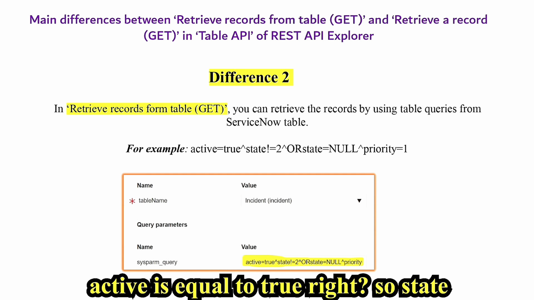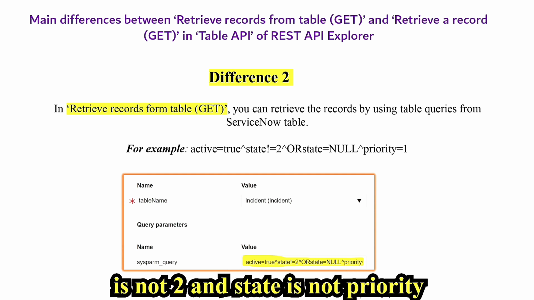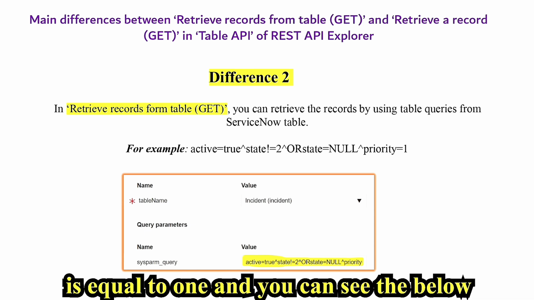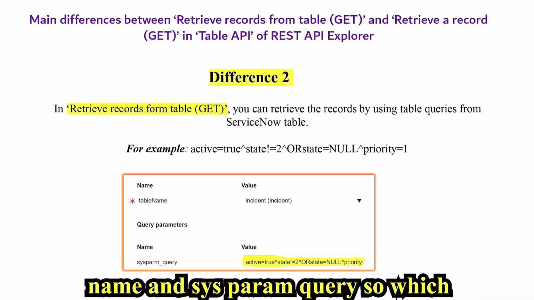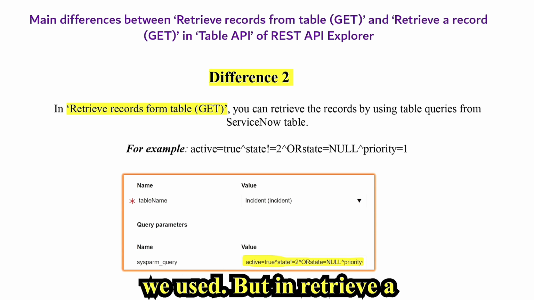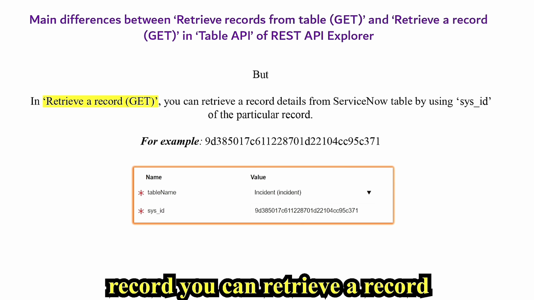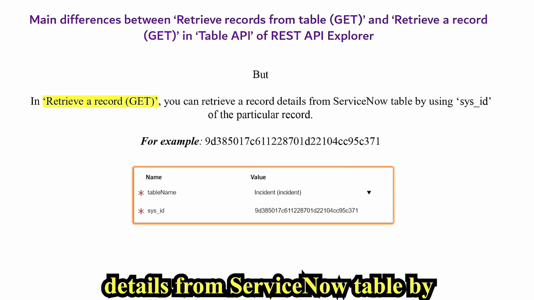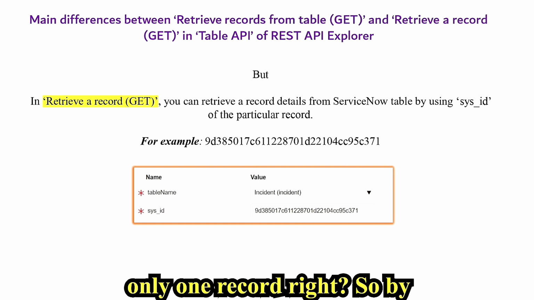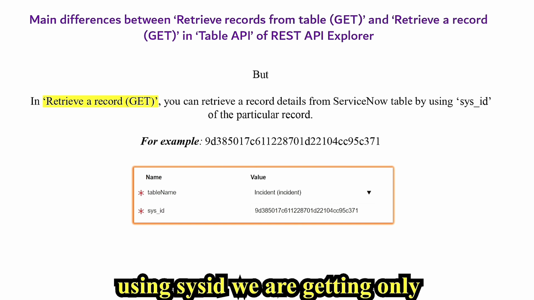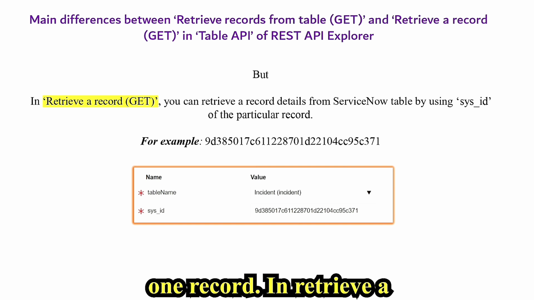For example, we have taken active is equal to true, state is not 2, and priority is equal to 1, and you can see in the below snap we have taken table name and sysparm query, which we used. But in retrieve a record, you can retrieve a record's details from the ServiceNow table by using sys_id only. So you are getting only one record, right? By using sys_id, we are getting only one record in retrieve a record.